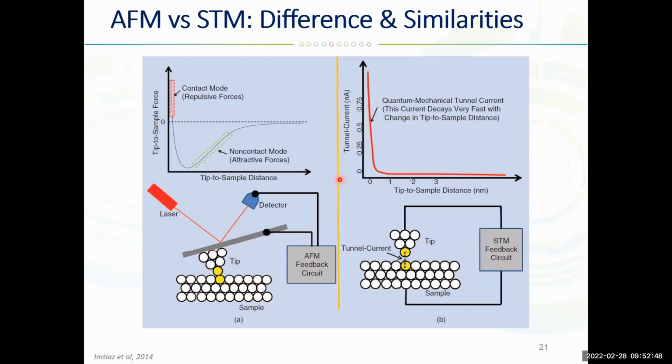AFM employs an optical beam bounce based feedback, which consists of a mechanically sharp tip attached to a cantilever. When the tip comes into contact with the sample, it starts to scan. These forces, again, can be attractive or repulsive in nature. The overall force curve between the tip and sample is shown in this figure.